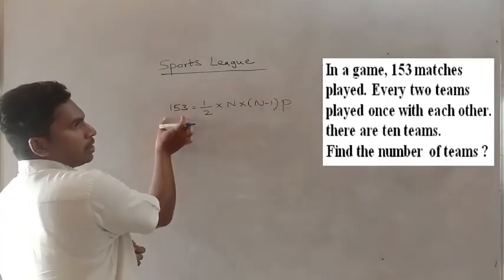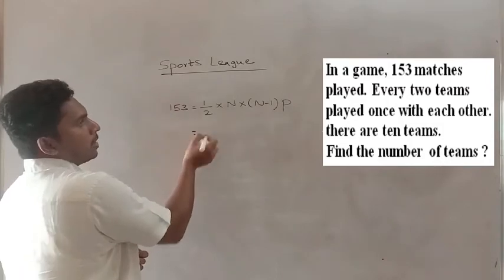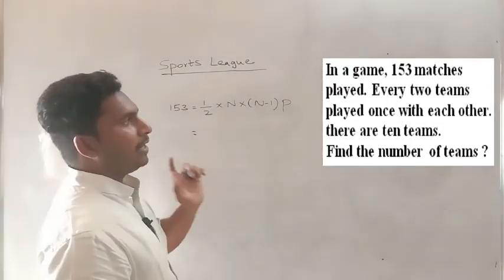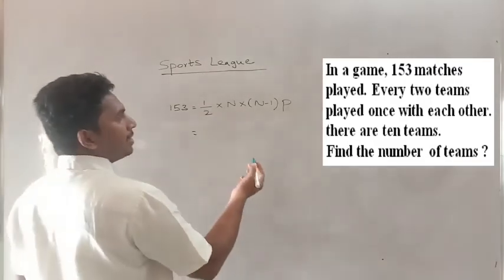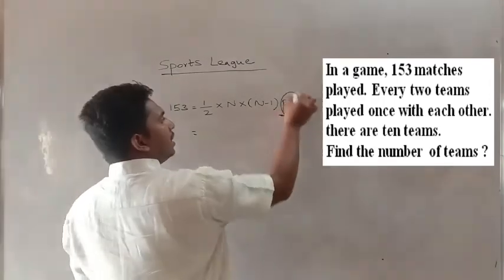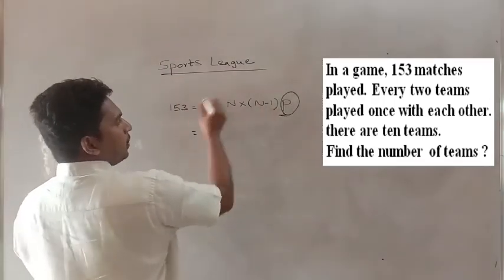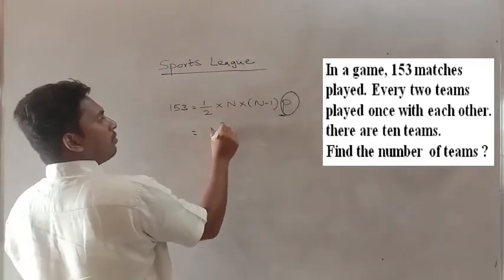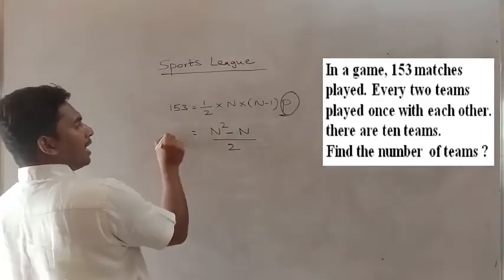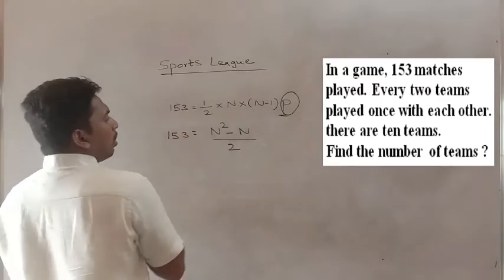What else is given? Every two teams played only once, so the p value is 1. This expression becomes n square minus n by 2, and that equals 153.